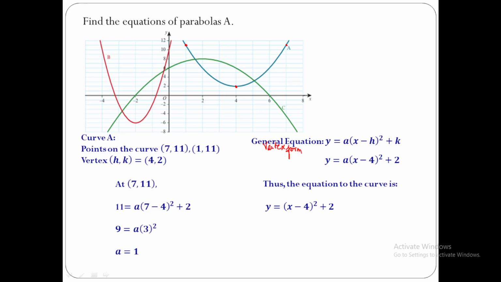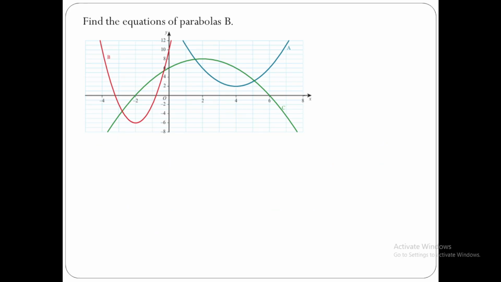Okay, let's move on to find the equation of the parabola B. Here also we have to find 3 points: one point is the vertex and one or two other points to determine the value of a.